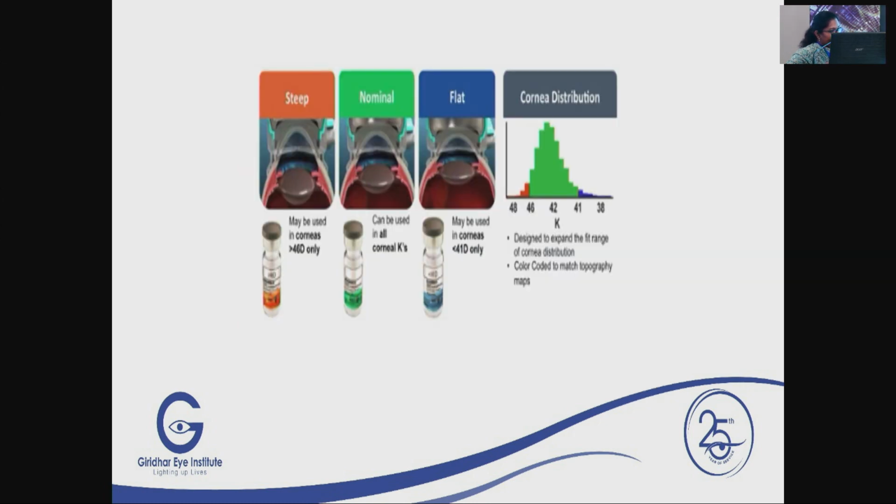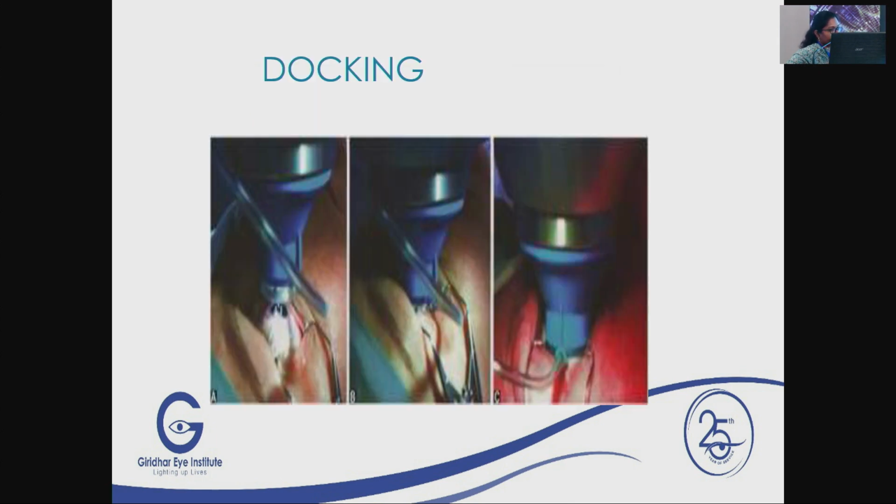So if the patient is having a steep K, the orange PI has to be used. That is, if the patient's average K is more than 46 diopters, orange PI contact lenses should be used. For normal, that is from 46 to 41, the normal PI, and there is a blue PI which is used for the flat case, that is less than 41 diopters.